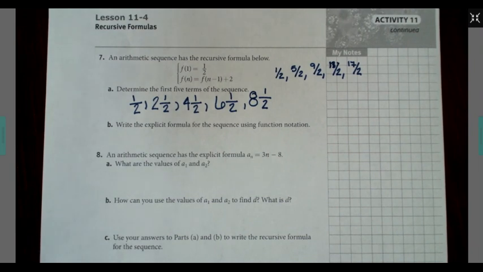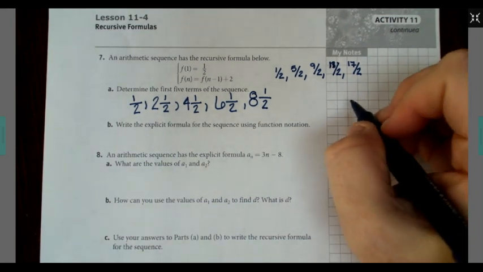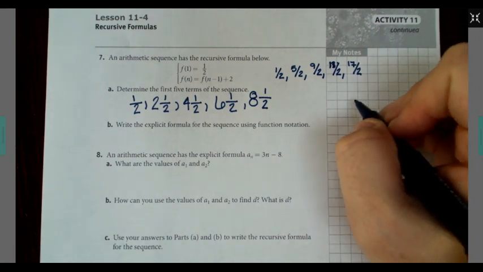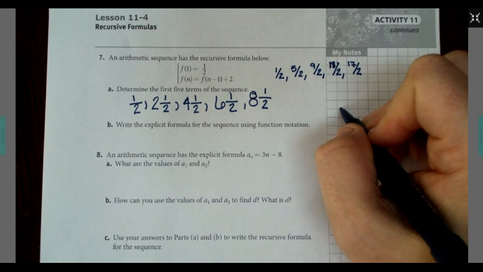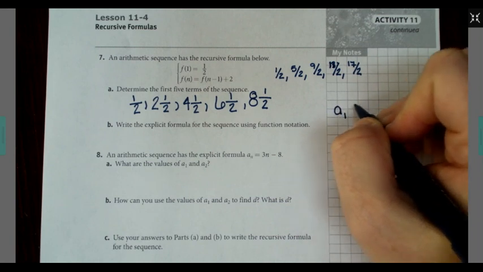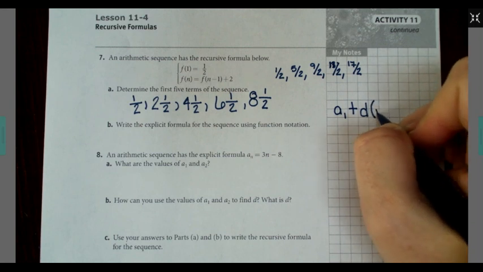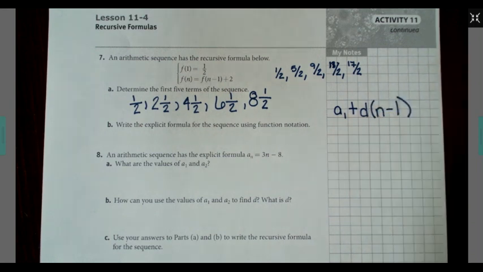It says, write the explicit formula for the sequence using function notation. Now, let's recall what function notation says. Explicit formula says take A1 plus your common difference times n minus 1.